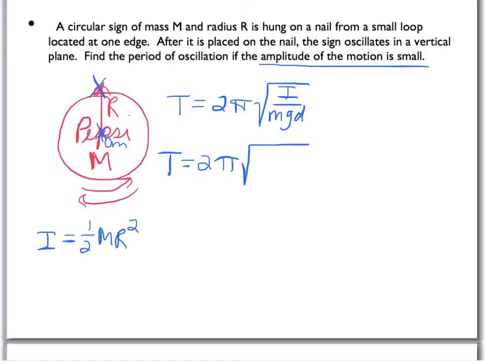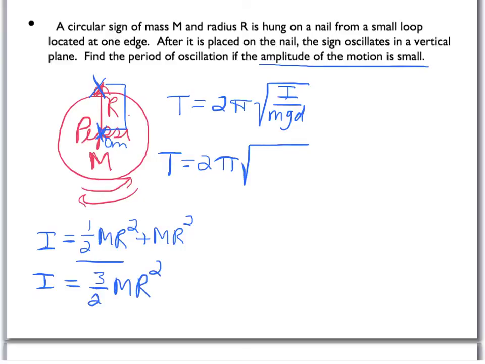So we will actually have to apply our parallel axis theorem, which says that you could find the new moment of inertia by taking the moment of inertia through the center, or 1/2 mr squared, and then adding on an md squared, where that distance is the radius of the sign, meaning that the I value for this sign rotating through a point on its edge would actually be equal to 3/2 mr squared.